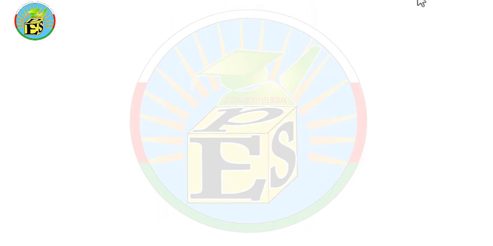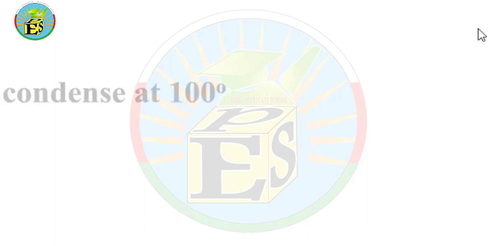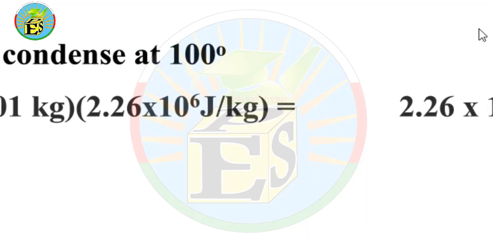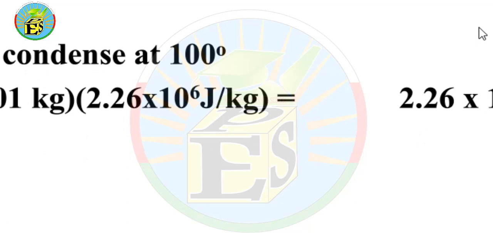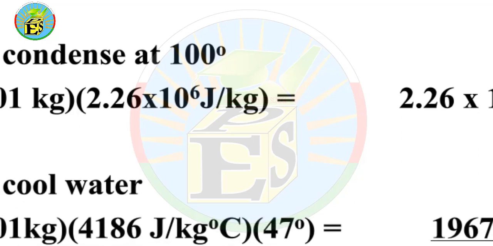Substituting in the three formulas, to cool steam we have 633 joules, to condense at 100 Celsius we have 2.26 multiplied by 10 to the power 4 joules, and to cool water we have 1967 joules.